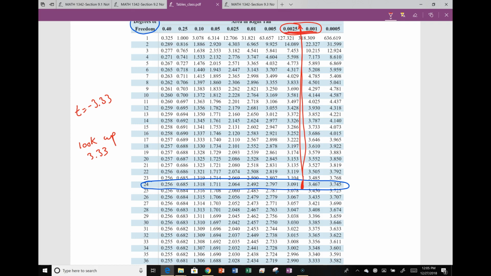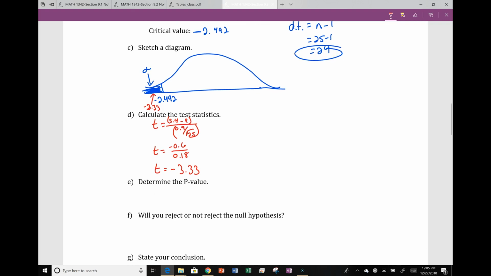Now looking at this, 0.025 and 0.001, this number over here on the left side is actually the larger of the values. So wherever I put my p-value, I'm going to put the larger value over on the right side. I'm going to put p-value here. And then I'm going to put the 0.001 here.